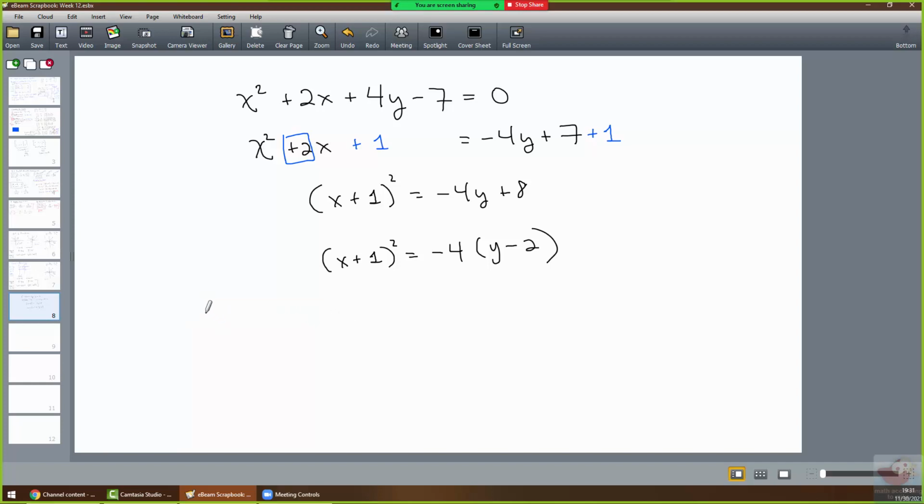So because it's in this format, we can find our h, our k, and our p. H is always with x. So let me just, side by side, write this down. What is our h?